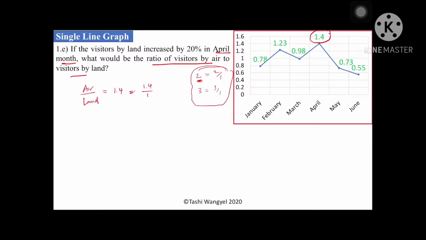The question is: if the visitors by land increased by 20%, what would be the new ratio?